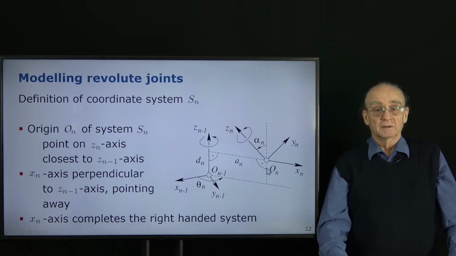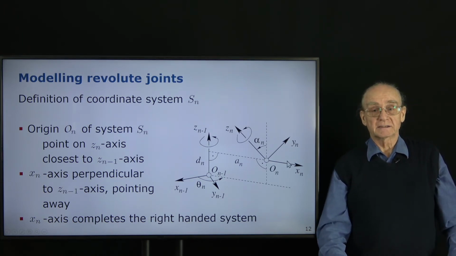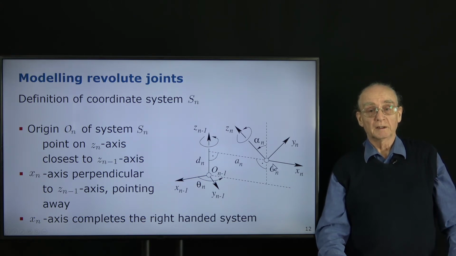And then we say we have the x-axis, which is along this direction, which is the shortest distance, and pointing away from the old z-axis. So we have the x-axis and the z-axis, and then we of course have the y-axis making a right-hand system.